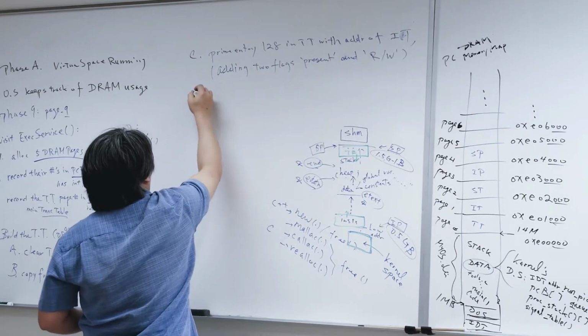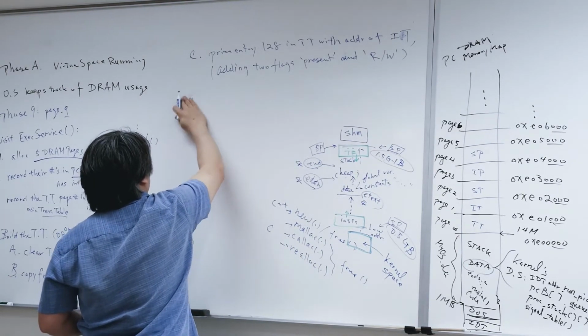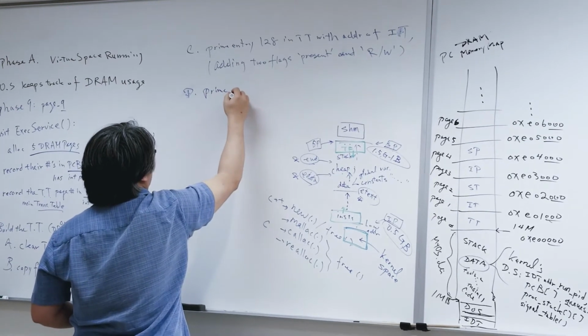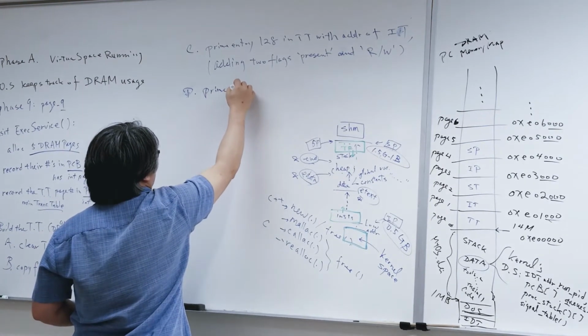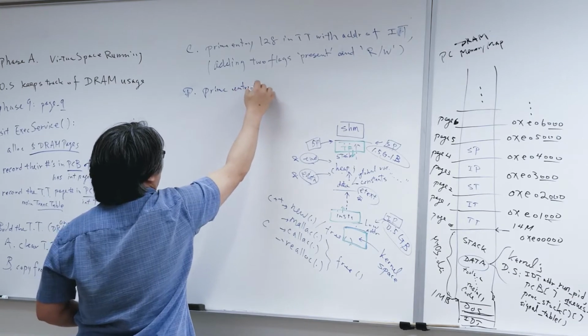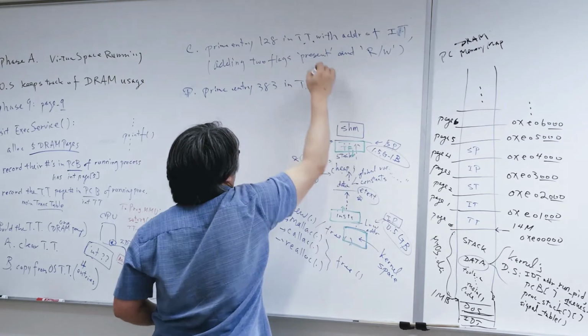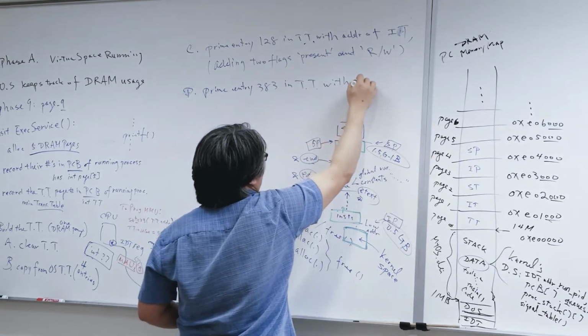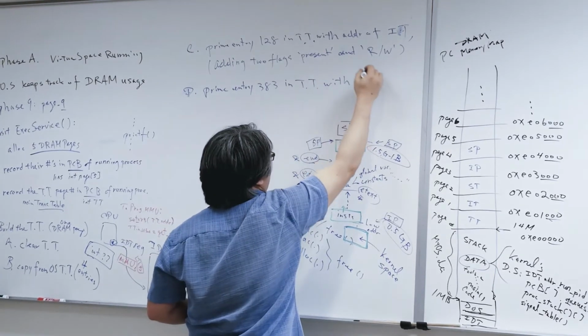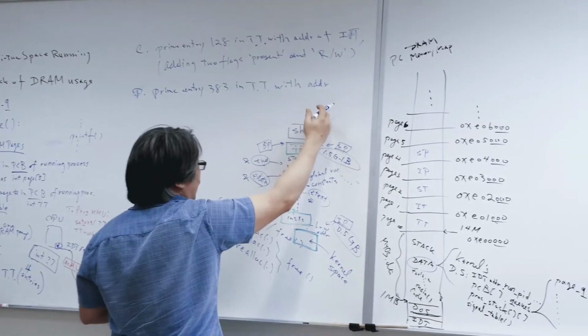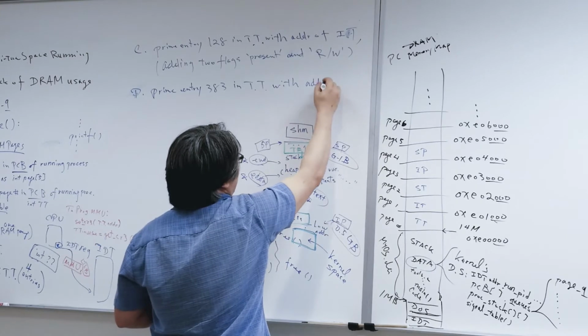And then what about the number 6 entry? We're going to fill in prime entry 3A3 in the main translation table with the page address. Of course it's the DRAM address. Every time we say address, we mean the DRAM address, not the real address.